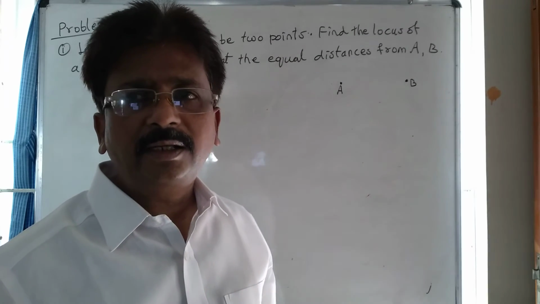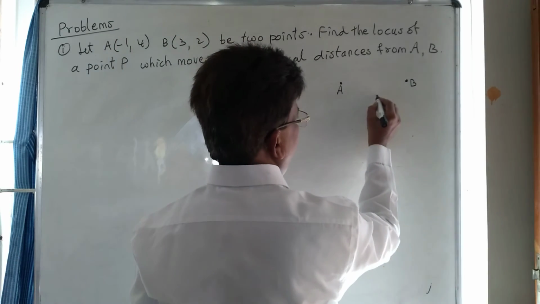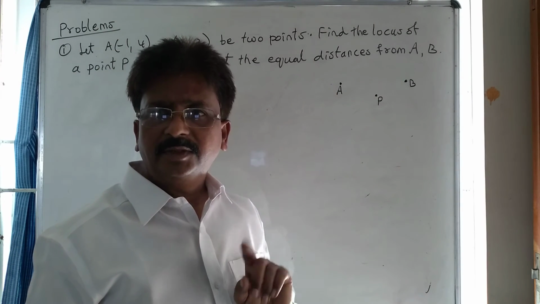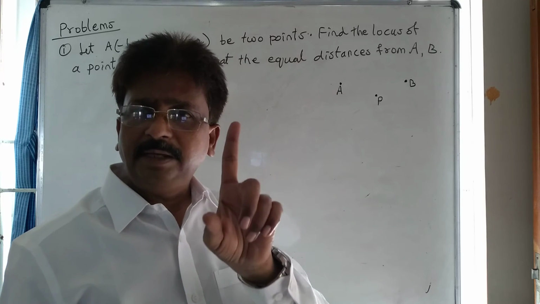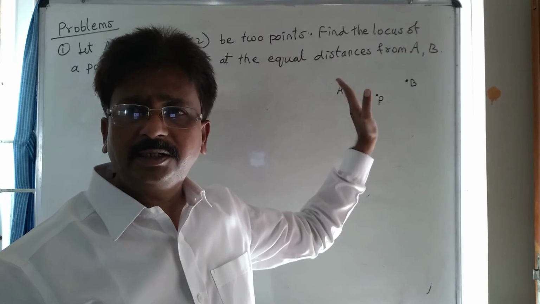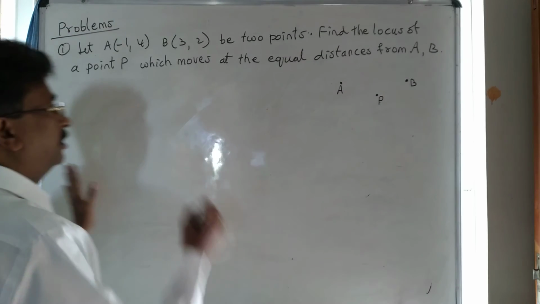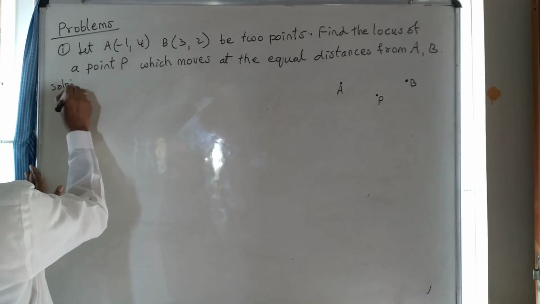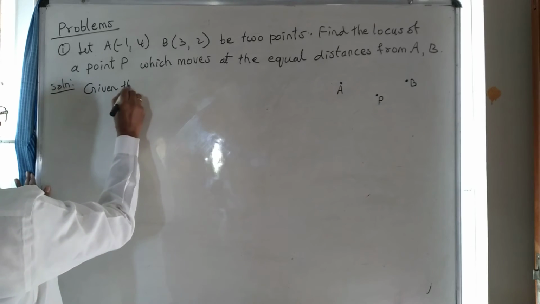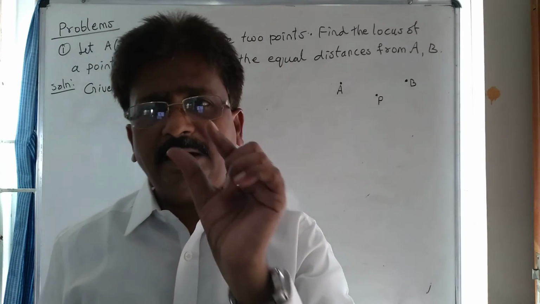So let me say it more clearly. I understood that distance between P and A is equal to distance between P and B. I understood the given condition like this. Okay, are you following? So given that, first let us write the condition. Given that the distance between P and A, how to identify mathematically?